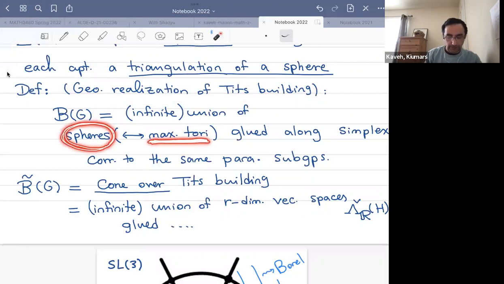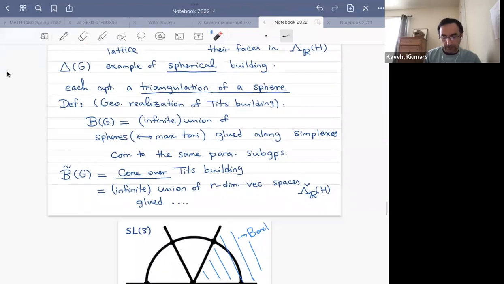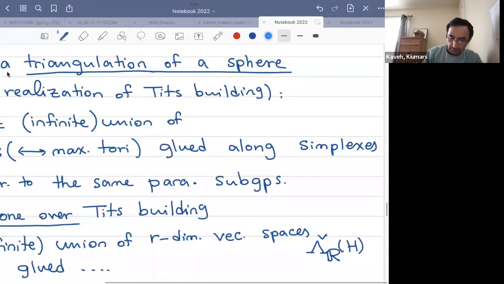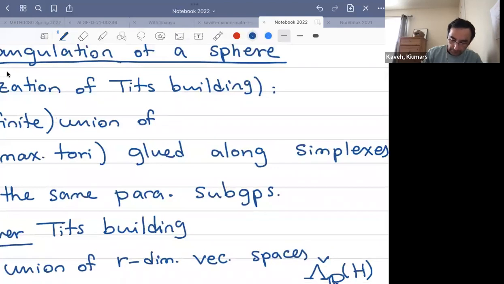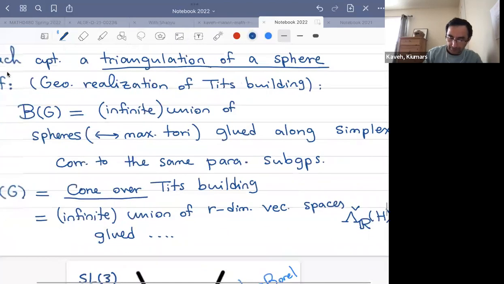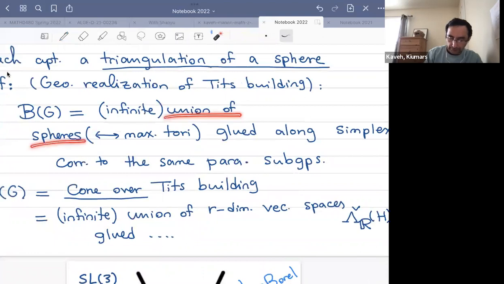I triangulate it using Weyl chambers and take the infinite union of these spheres, for all maximal tori. It's the infinite union of spheres, one for each maximal torus.